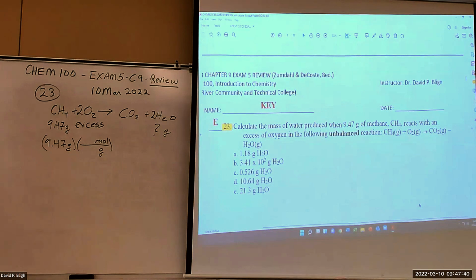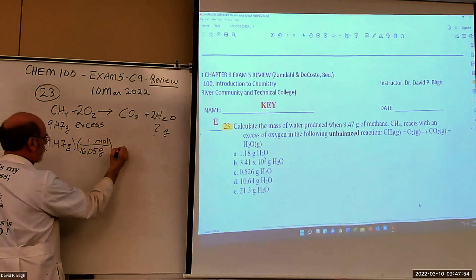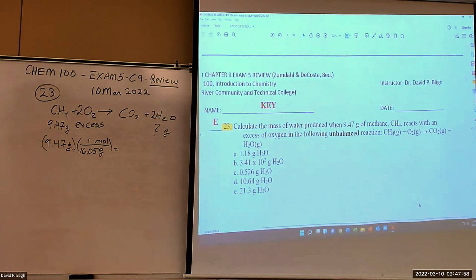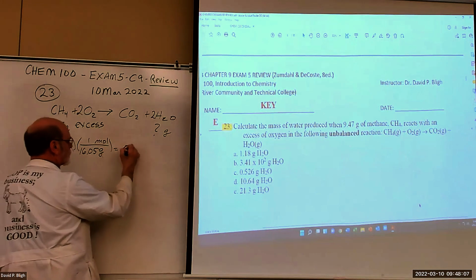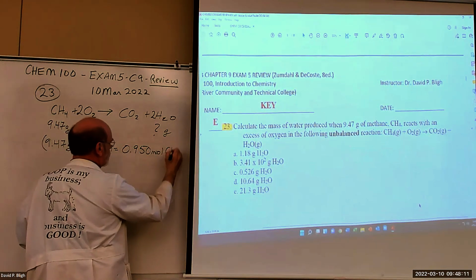So 12.01 for carbon and 4.04 for 4 hydrogens is 16.05. Okay, cancel the grams and divide that into 9.47. And I get 0.950 moles of methane.